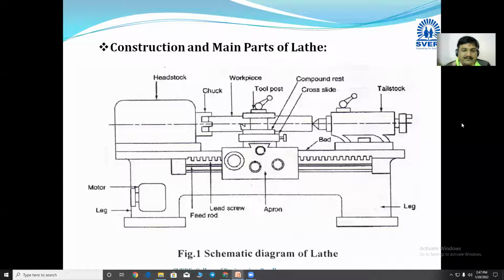Because if I explain more and more, it will not be remembered in a nice way, because up till now we have discussed many points regarding the introduction of the lathe machine. So I request you, you have sufficient time of 5 to 10 minutes, and you can draw this block diagram in your notebook. That is your today's task.